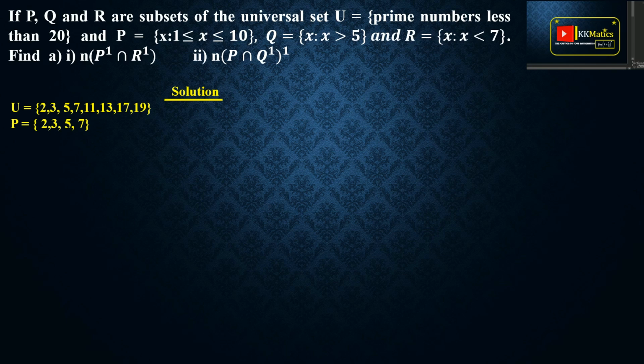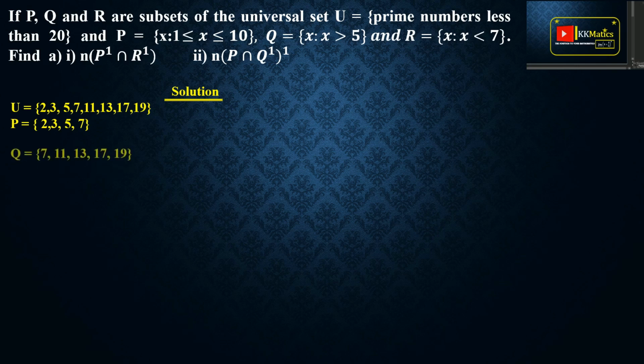So all these sets, their elements are found in the universal set. So the elements of P are numbers that are less than or equal to 10. These are the elements of P, as you see on your screen there.